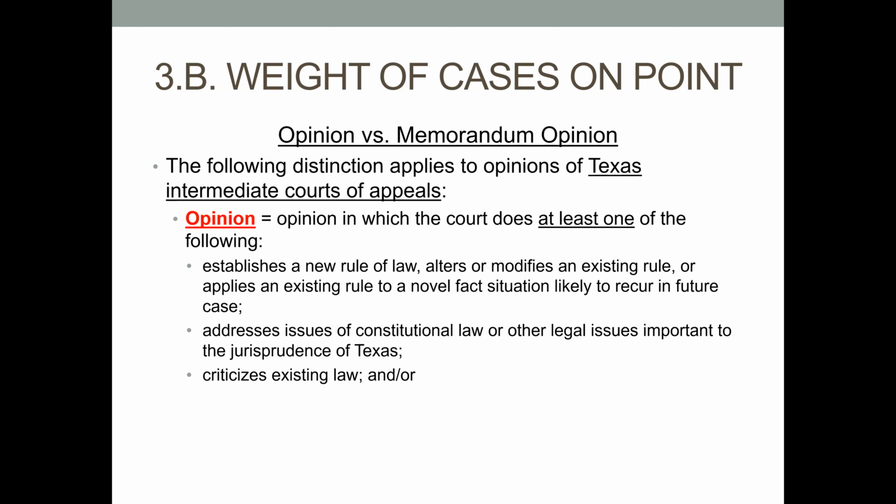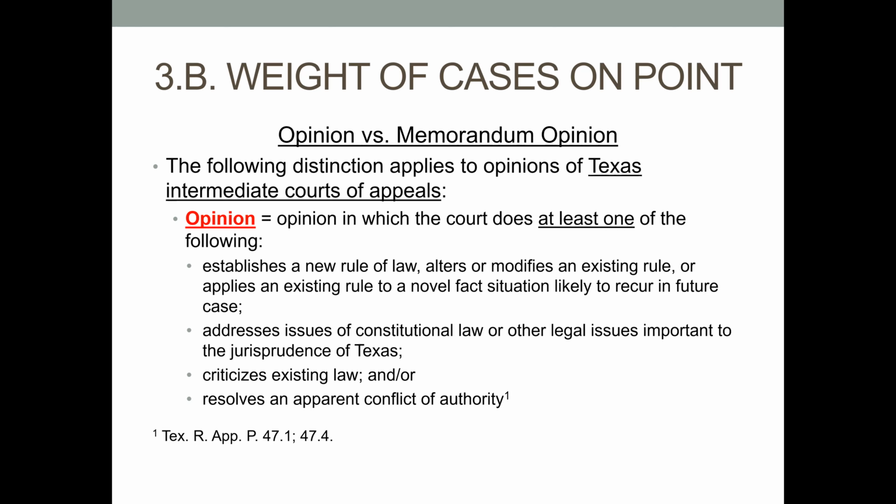Or the court criticizes existing law, or the court resolves an apparent conflict of authority, such as if different courts have come up with conflicting results on a particular issue, and in this opinion, the court is trying to resolve the conflict in some way. That would qualify this to be an opinion.